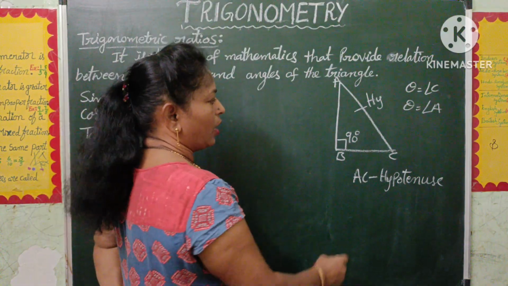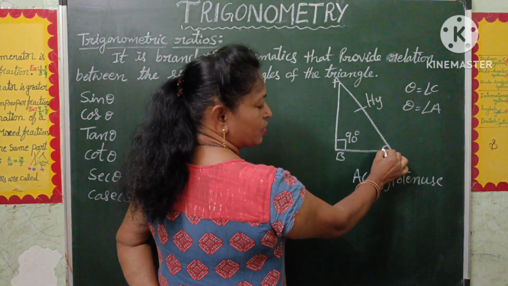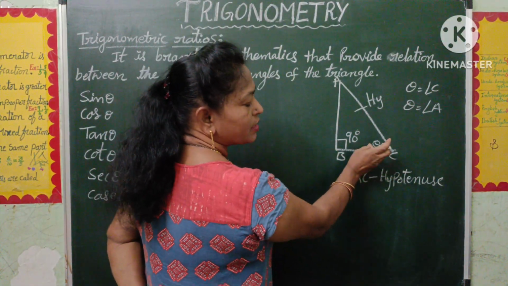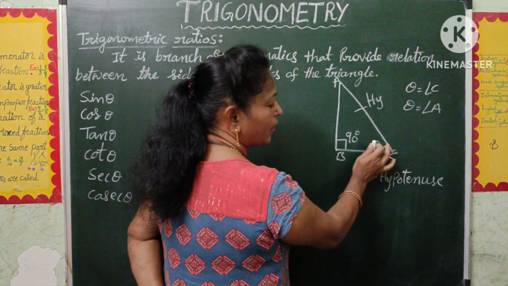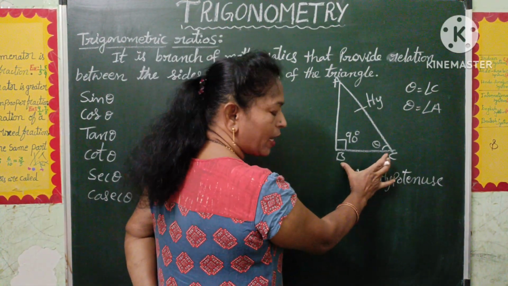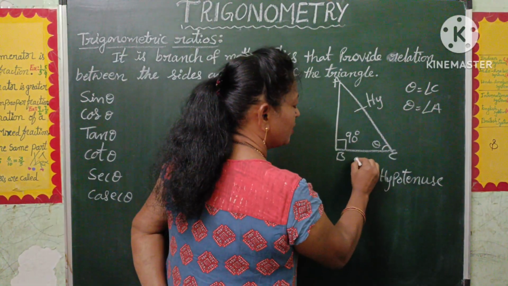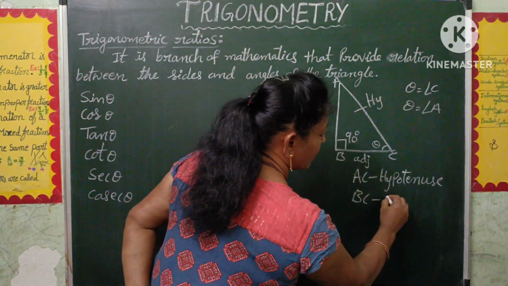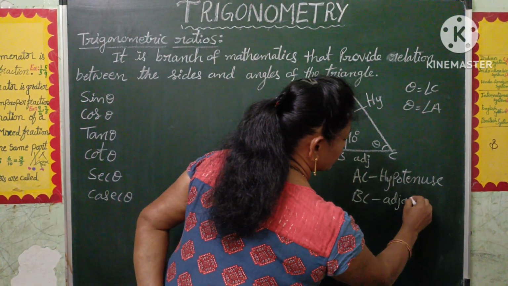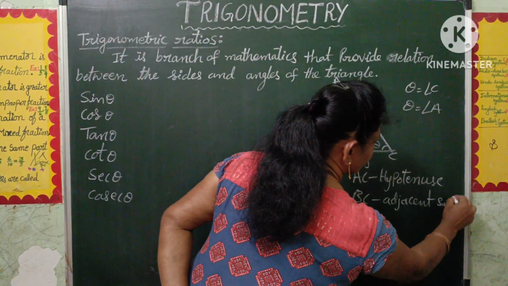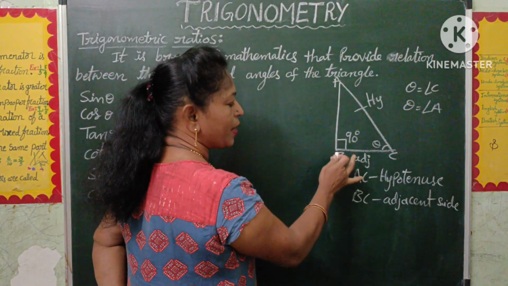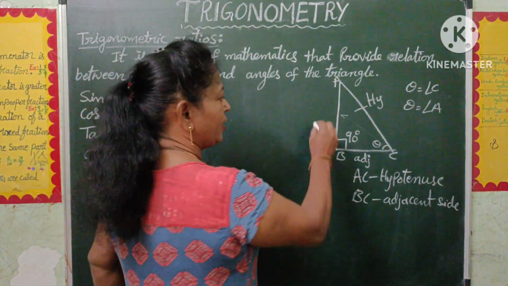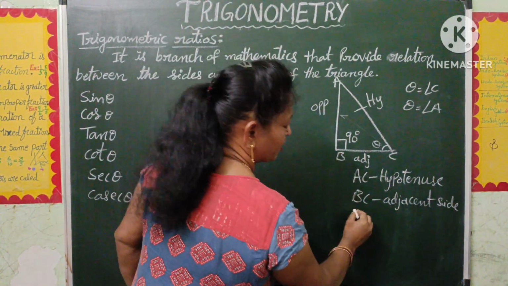If we take theta at angle C, side BC is adjacent to theta, so BC is the adjacent side, and AB is opposite to theta, so AB is the opposite side.